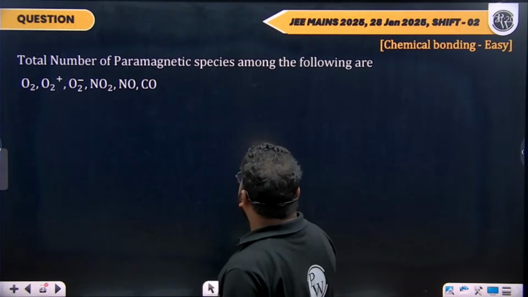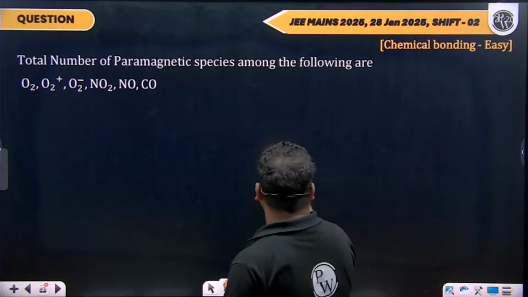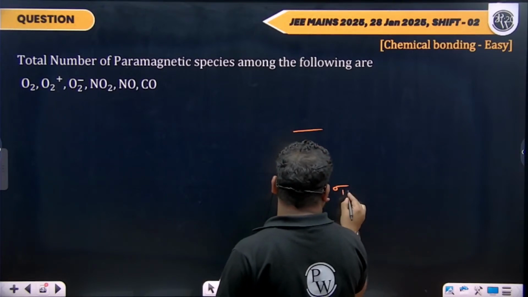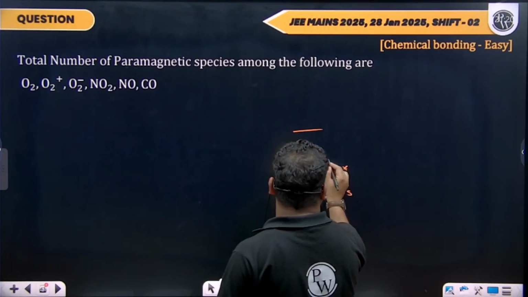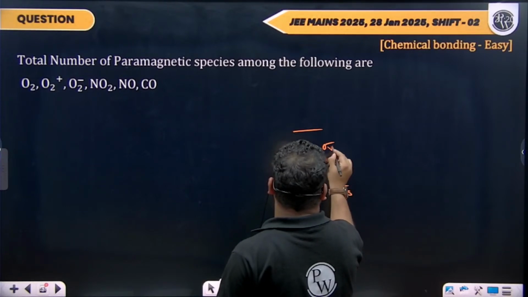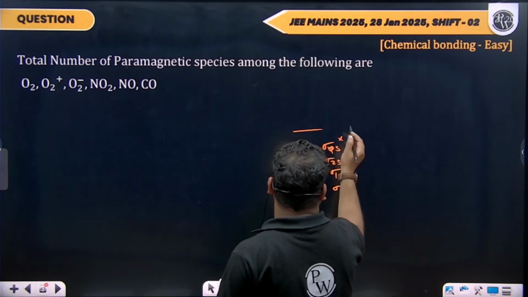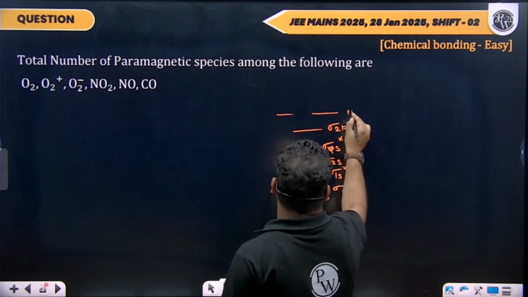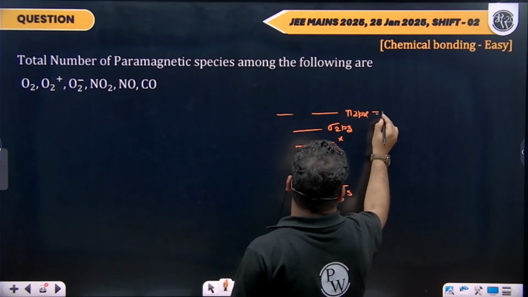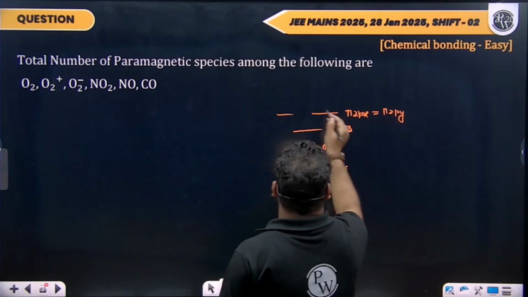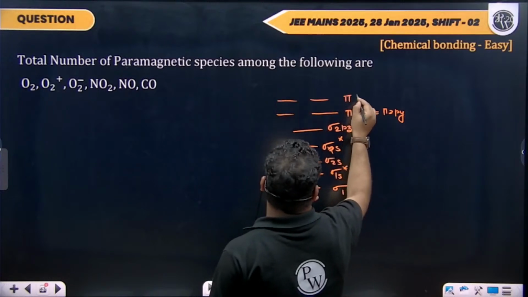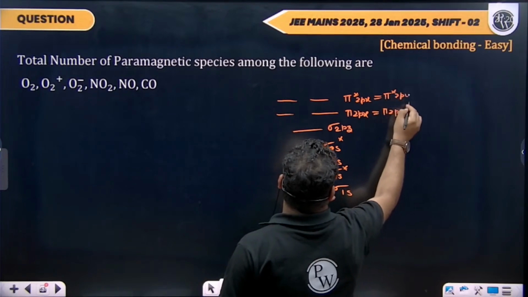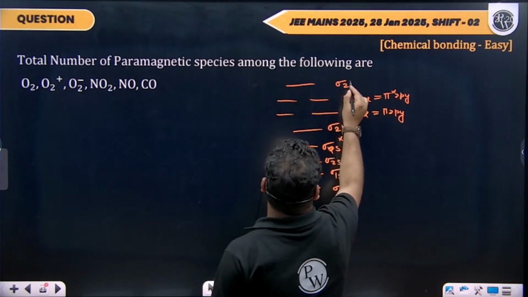So we can write the MOT diagram of O2. Sigma 1s, sigma star 1s, sigma 2s, sigma star 2s, and sigma 2pz, pi 2px, pi 2py, and pi star 2px, pi star 2py, and sigma star 2pz.